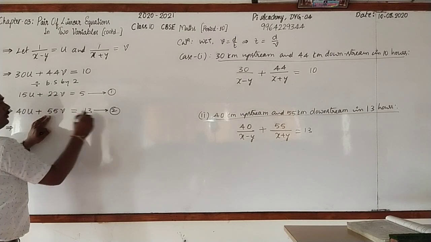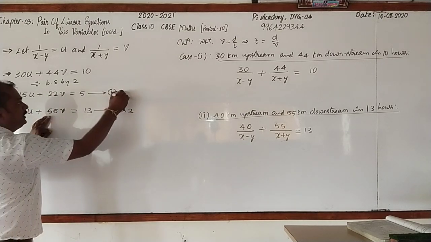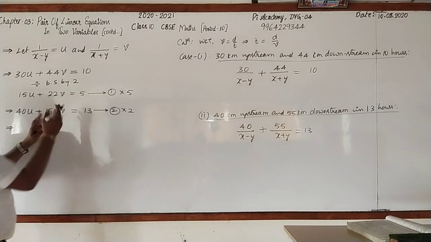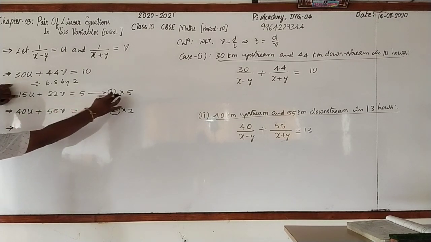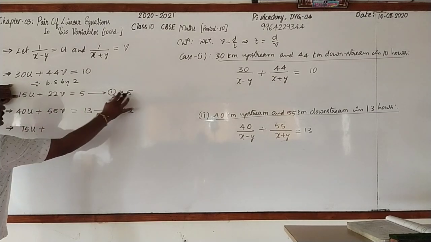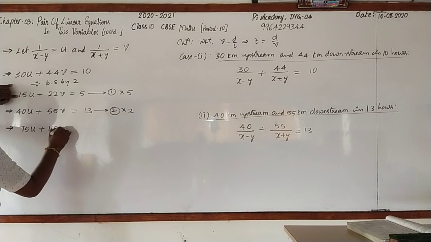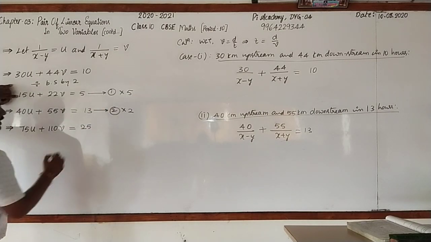We know that 55 2s are 110. 22 5s are 110. Hence it will be easier for simplification. Alright. Multiply by 5. 15 5s are 75u plus 22 5s are 110v. 5 5s are 25.